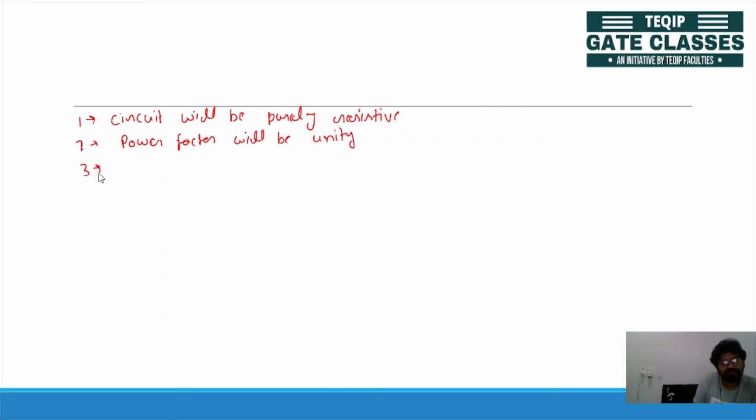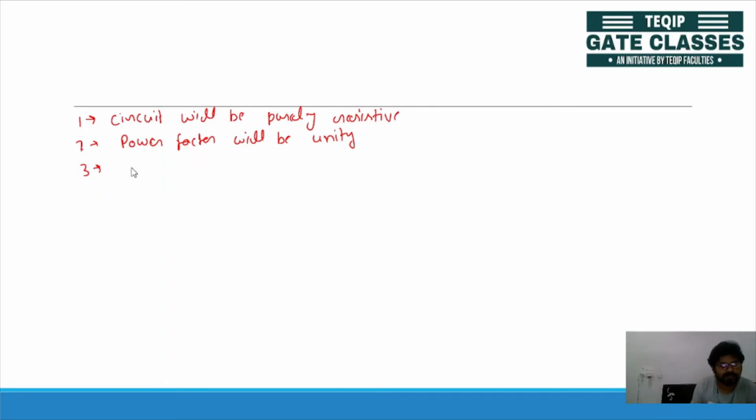Third point, XL and XC are equal, and the voltage across them will be equal because VL and VC will also be equal. Then the combination of VL and minus VC will act as a short circuit.